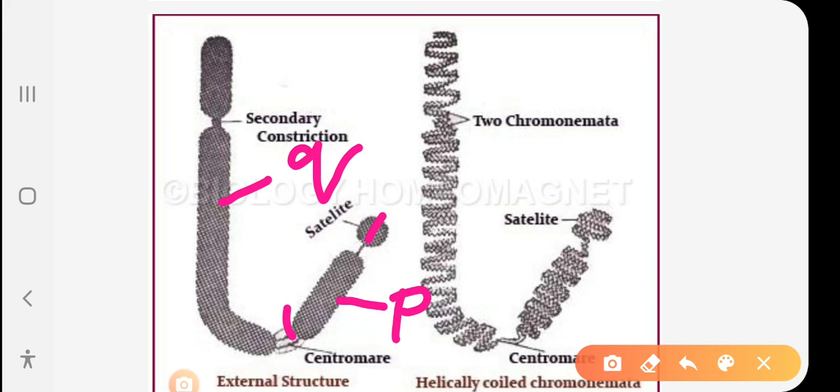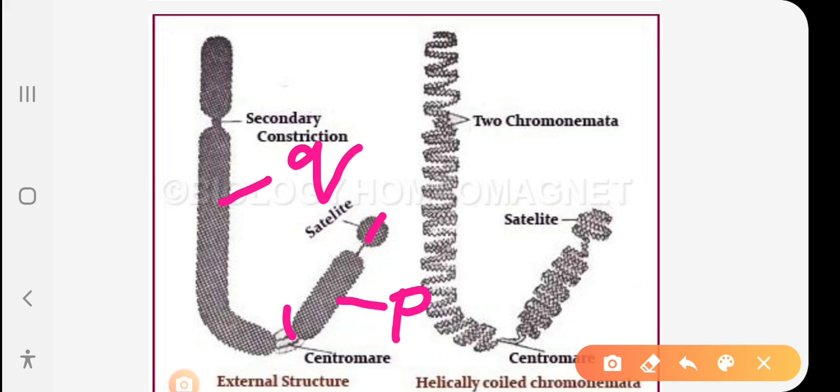They can move to the opposite poles, right? So that's why the centromere position is very important. Usually, a chromosome has only one centromere, that is a monocentric chromosome.